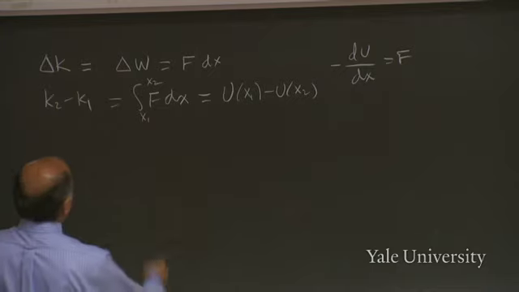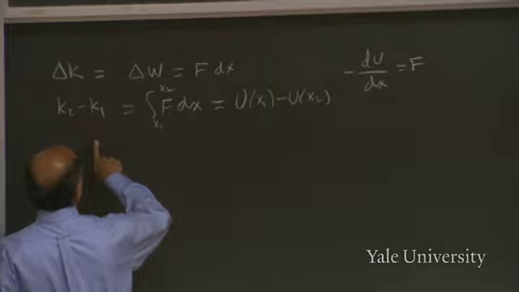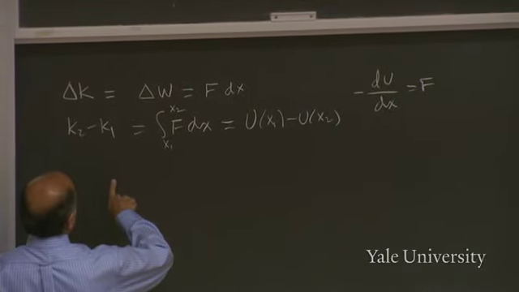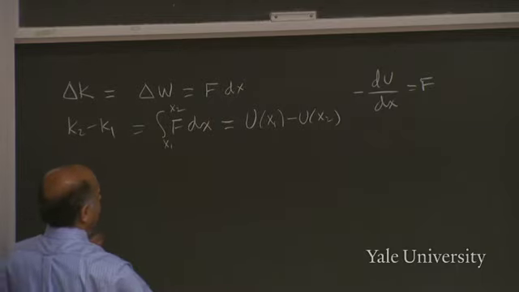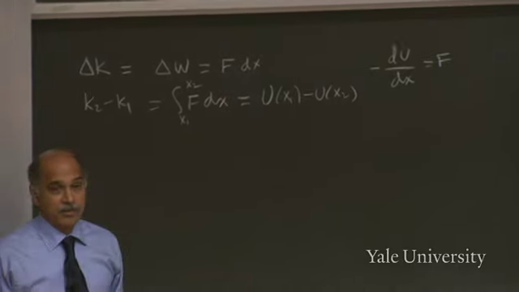Then it's very simple to take K1 to the right-hand side and U2 to the left-hand side to get K2 plus U2 is K1 plus U1, and that's conservation of energy.